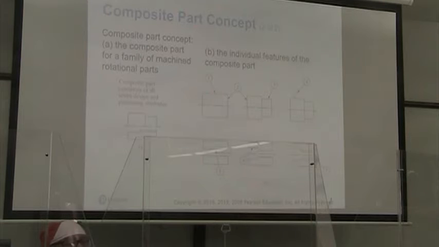So all the individual features of our composite part, part one, or the first part, is a turned, rotated part. And inside, it has a hole through it.